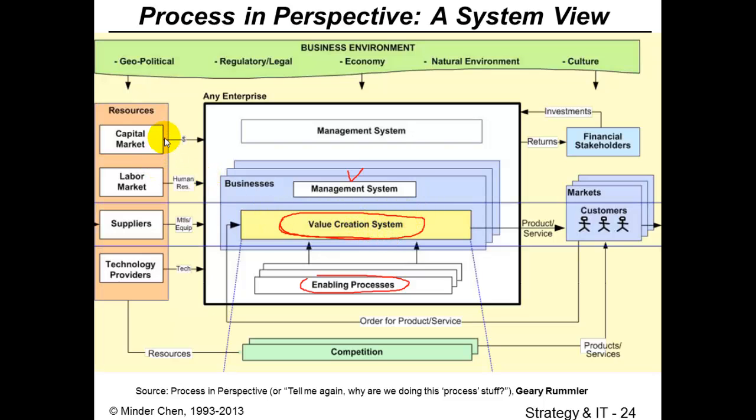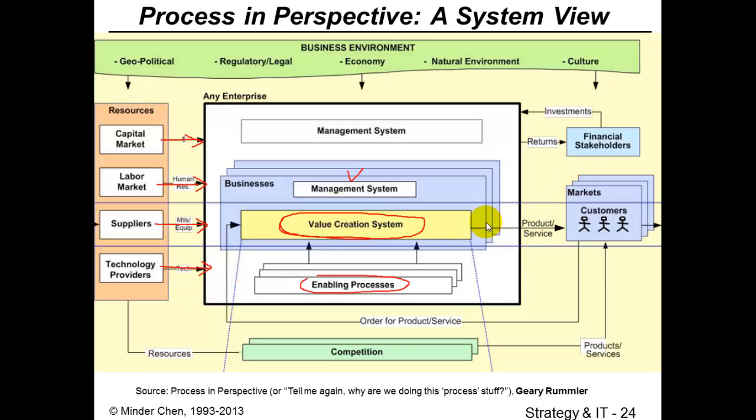And the company is getting capital resources from the capital market, hiring people from the labor market, and receiving parts, supplies, and equipment from various suppliers, and technology maybe acquired from technology vendors and suppliers.